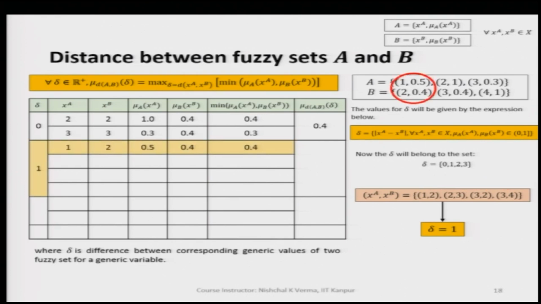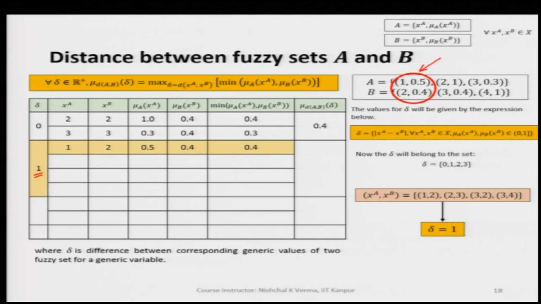For the first pair 1, 2, which you see encircled here, we write delta equal to 1 in the first column of the table, the delta column of table 1. Let us tabulate all the corresponding entries with respect to delta equal to 1.